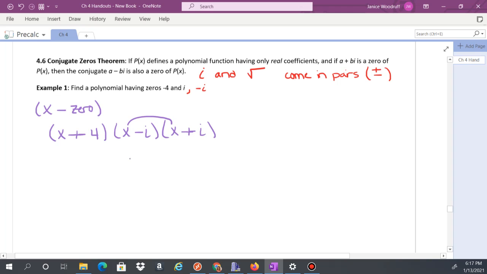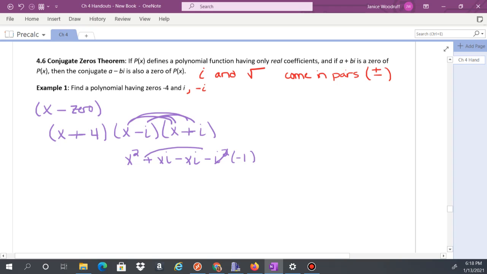You've got x times x, x squared, x times i, that's a positive ix, but then a negative ix, and then negative i times positive i will give you a negative i squared. And do we remember what i squared is? You said 1? Close? -1, good, -1.